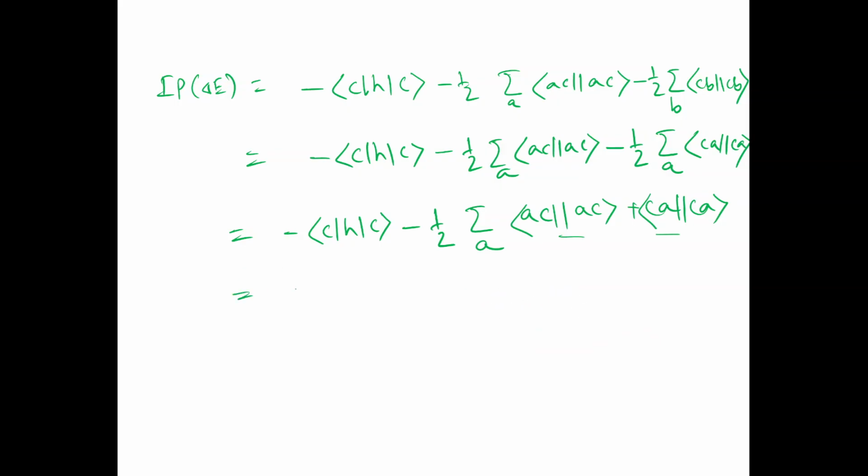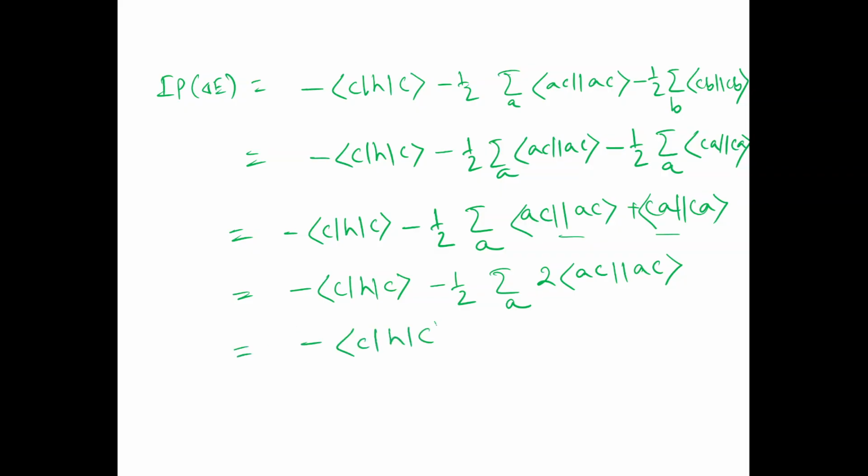So now you can write this as CHC minus half summation over A. Now you have 2 AC, AC, which is CHC. And now this will cancel out each other.